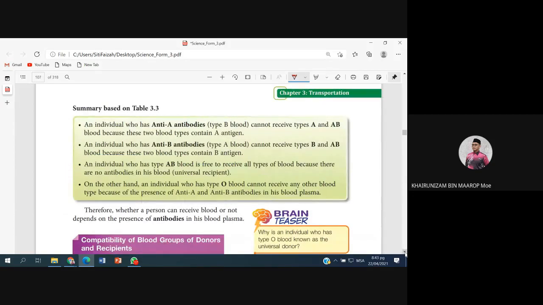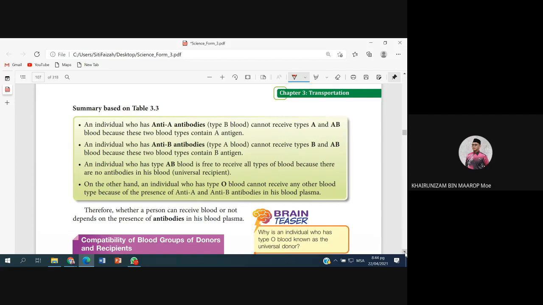An individual who has anti-A antibodies, that's a type B blood, cannot receive types A and AB blood because these two blood types contain antigen A. So B cannot receive types A or AB because type blood B has anti-A antibodies.